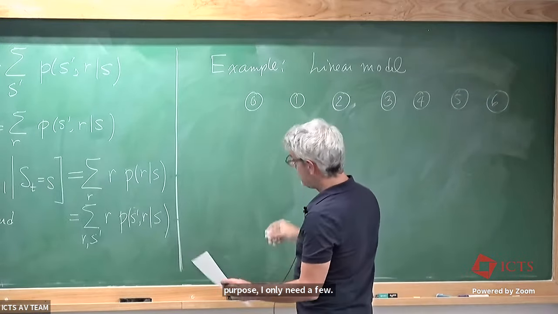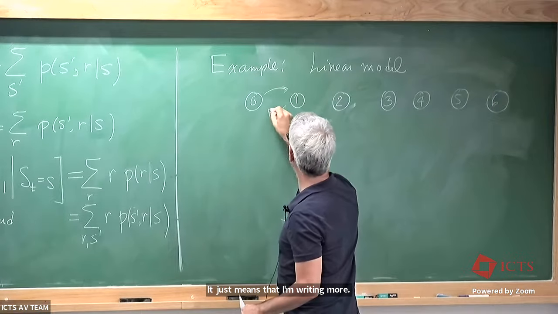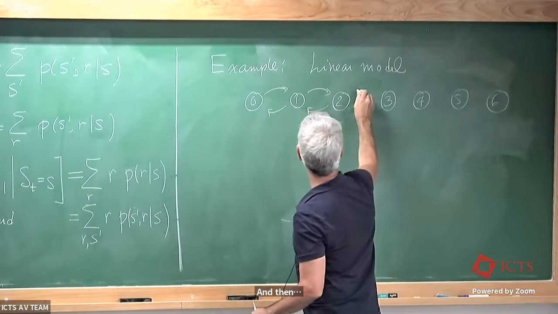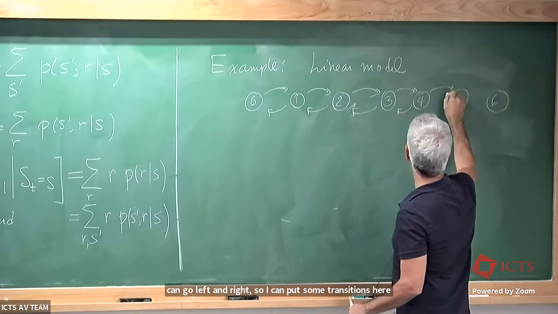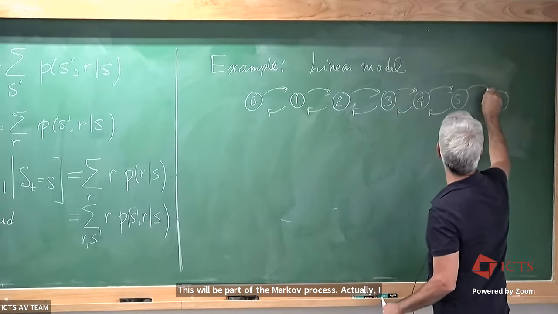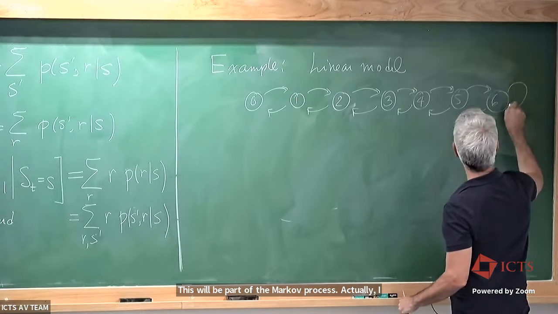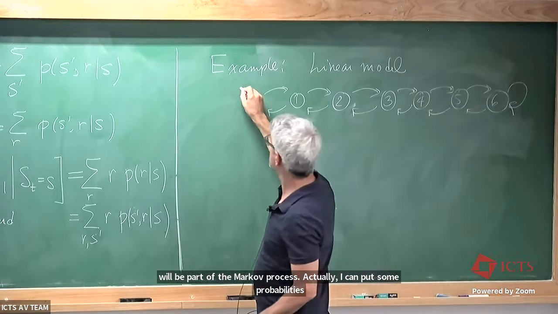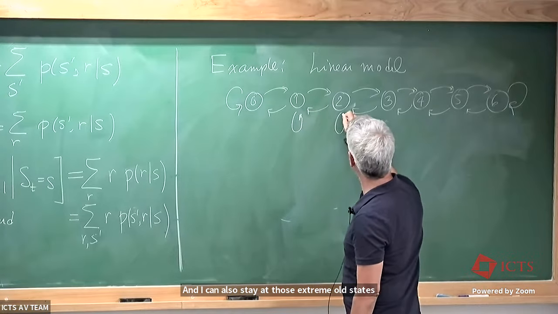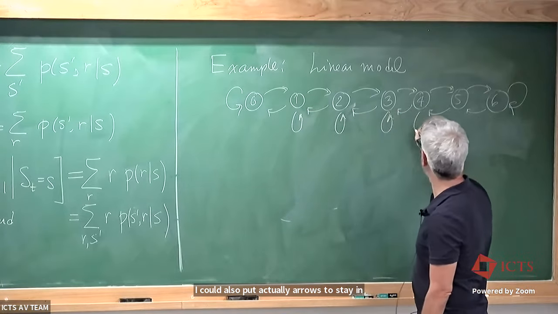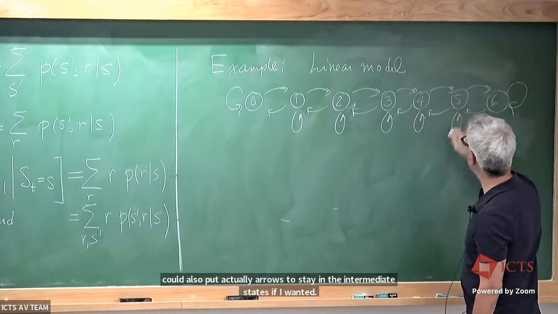And then I can go left and right. So I can put some transitions here. This will be part of the Markov process. Actually, I can put some probabilities. And I can also stay at those extremal states. I could also put actually arrows to stay in the intermediate states if I wanted. This will all be part of the specification.